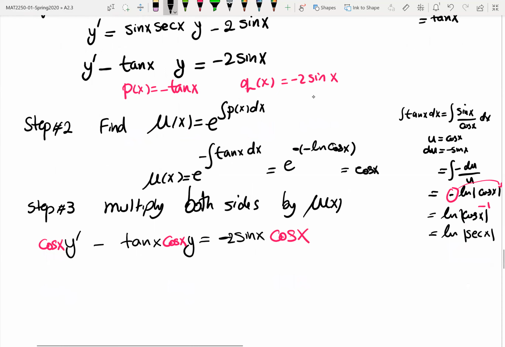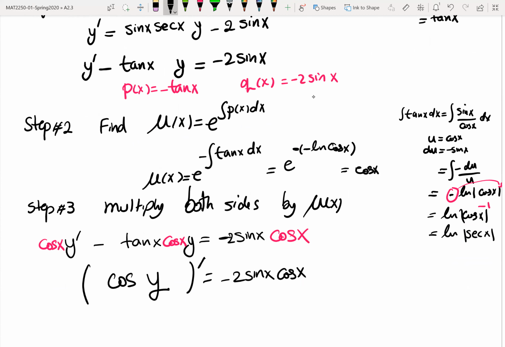The claim, which is always true, is that the left side has to be the derivative of the product of the y and the mu, cosine of x times y.